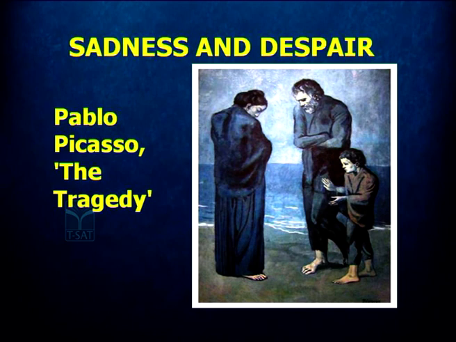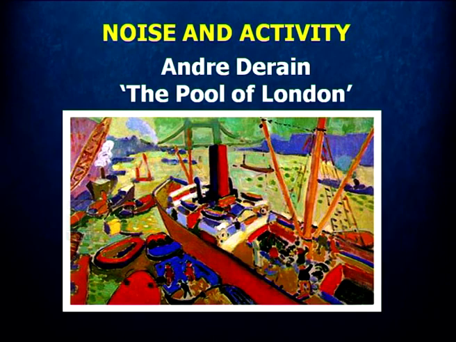So this is a very good example of sadness created by using colors and the combination of colors. This is another artist called André Derain, and this is an example of noise and activity, right.